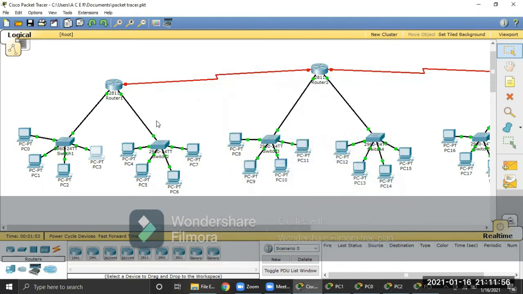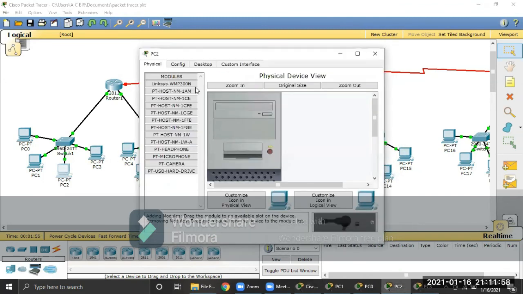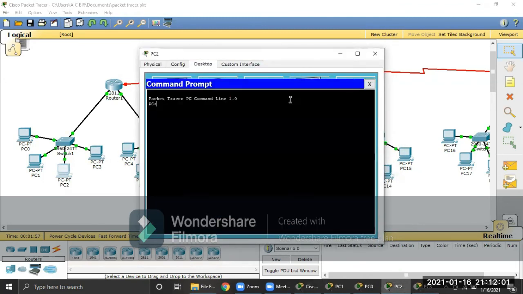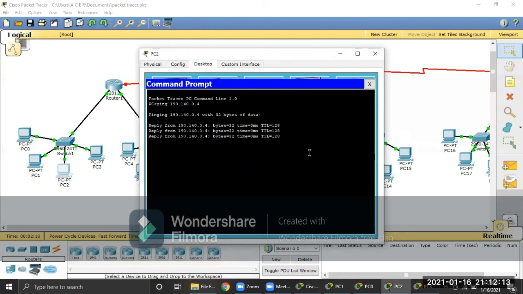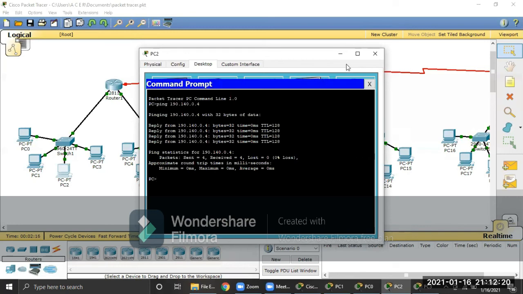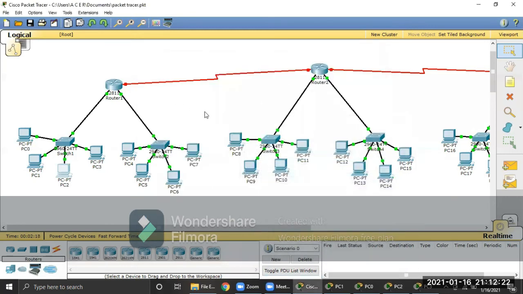Sorry, dot zero dot four. Enter. It's successful and working. So let's try with other departments.